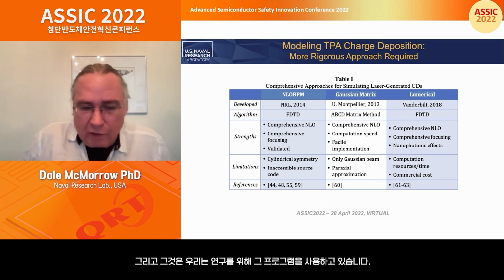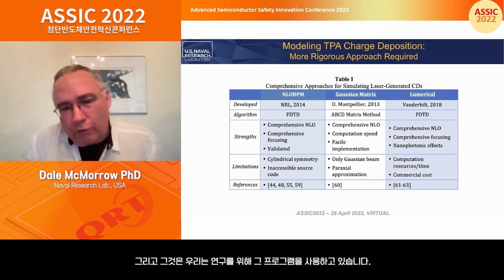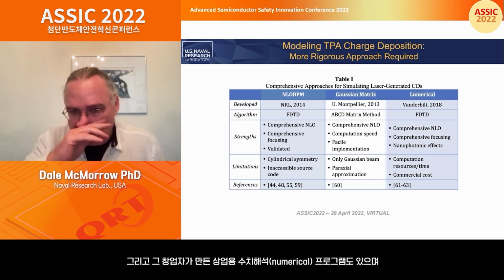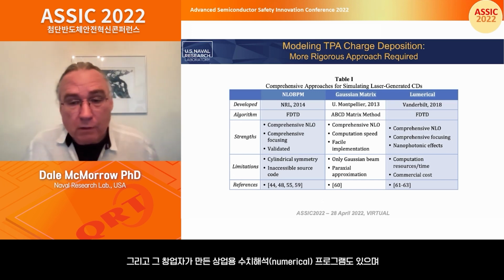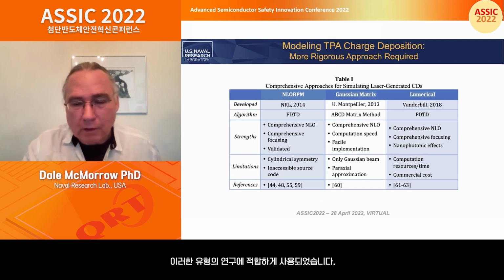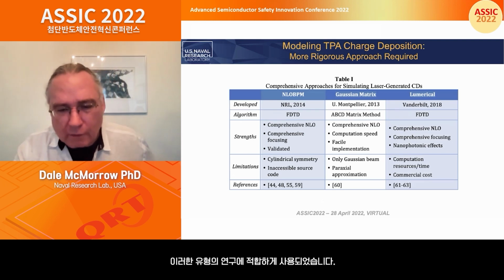It was passed on to us, and we've been using it for this work. And then you've got the other work. Lumerical is a commercial code that Vanderbilt has been using, adapted for these types of studies.